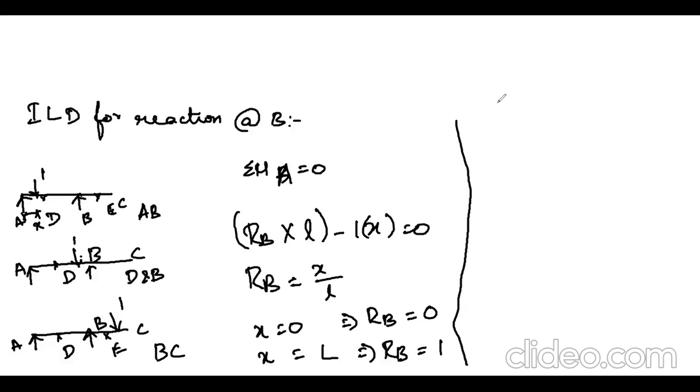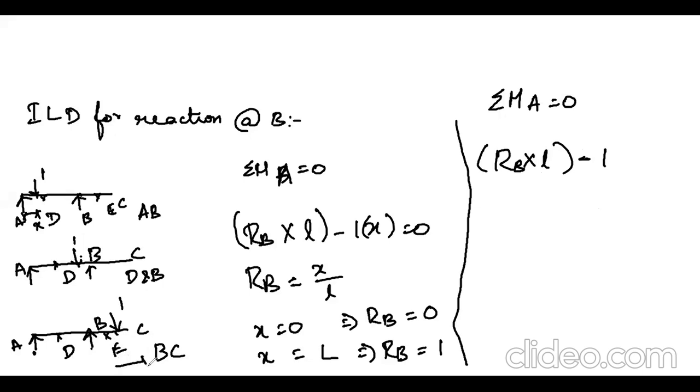What happens? Now also we are going to take moment about the point A, so only we can find the value of RB. Taking moment about A, RB into L, because we are considering the point A, so RB into L minus the unit load. Here is the unit load.